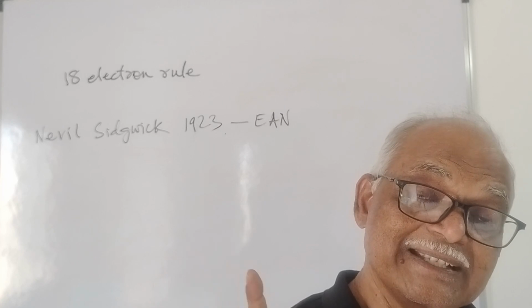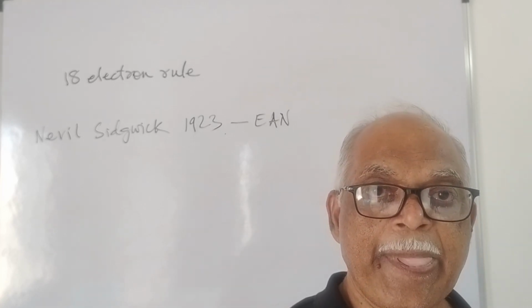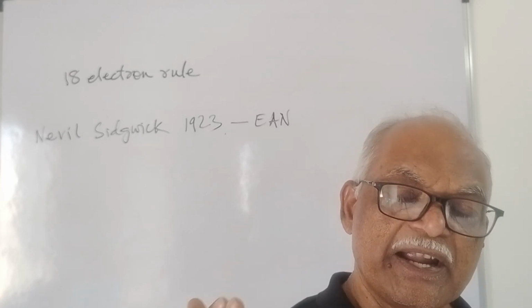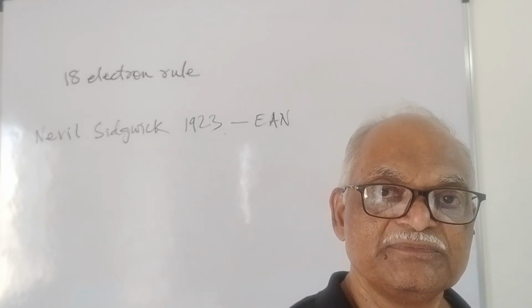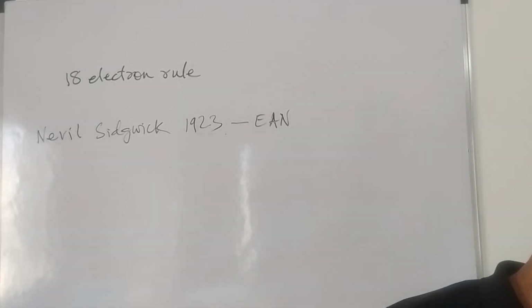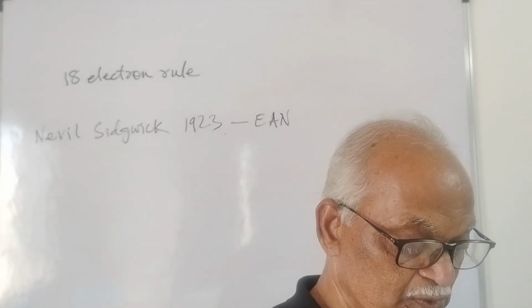Why? Because the 18 electron rule is easy to apply, and it also gives better understanding. So the EAN was then replaced by the 18 electron rule.